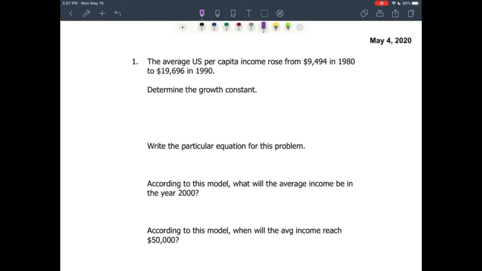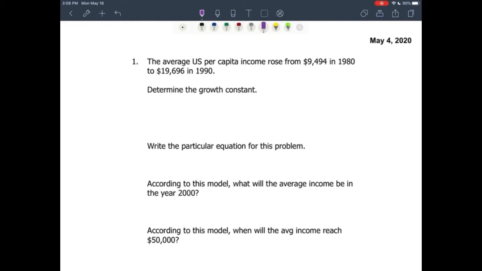So over the course of 10 years, the U.S. per capita income rose $10,000. Now, per capita means per person, so per person working. So that's a big jump. That's more than doubled. The income level more than doubled in a 10-year period. It would be nice if that happened in future years, but I don't think it has.